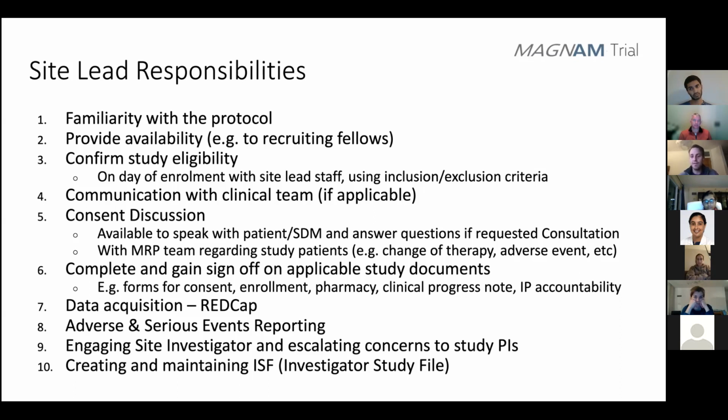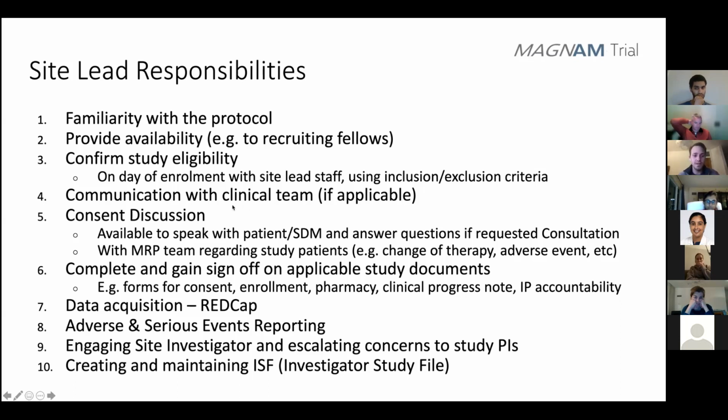But because this is a Health Canada trial and things are regulated very closely, we have to double check to make sure that, yes, the patient actually does meet eligibility criteria. And this is something that needs to be done relatively quickly once the patient's enrolled. For example, there are a couple of different fellows at UHN, but if say this fellow at Sunnybrook isn't there, it's going to be Brian, myself, or Keith who are going to fill in the gaps to confirm patient eligibility.